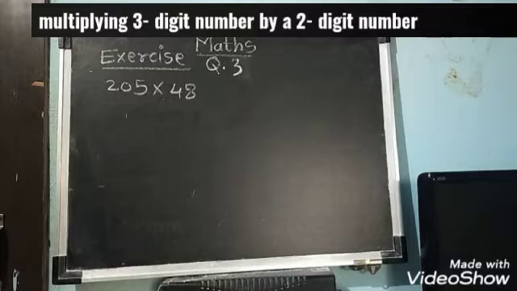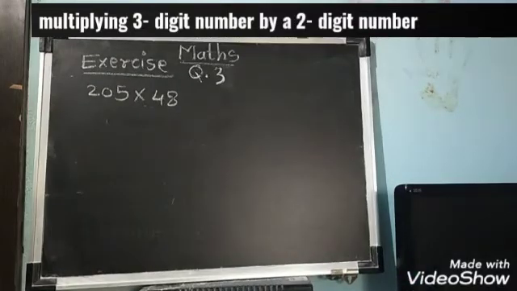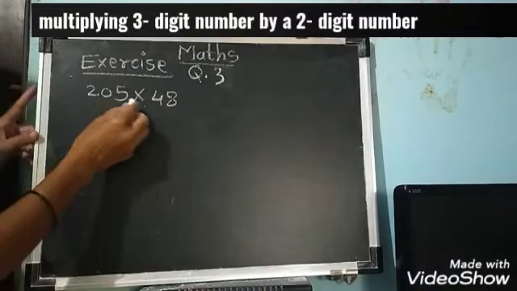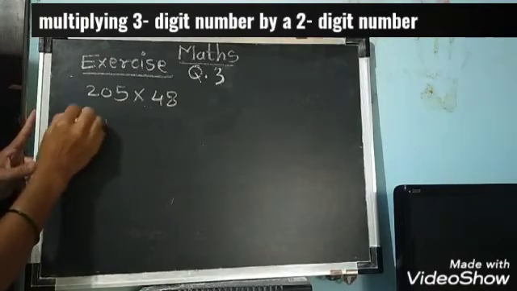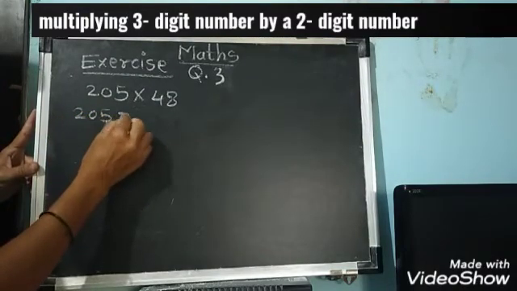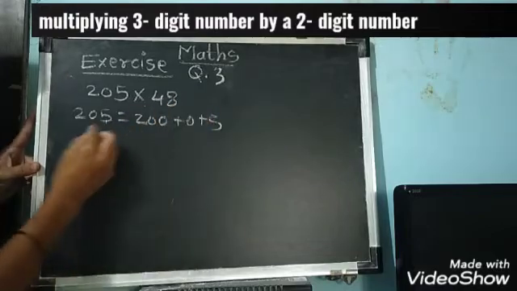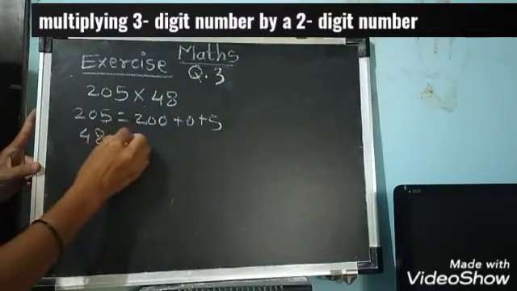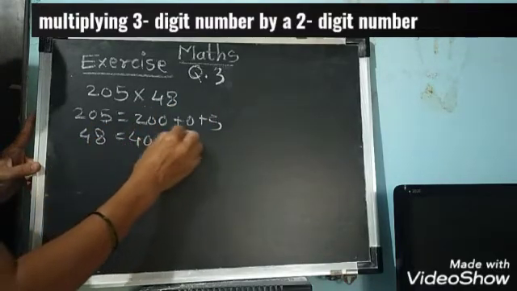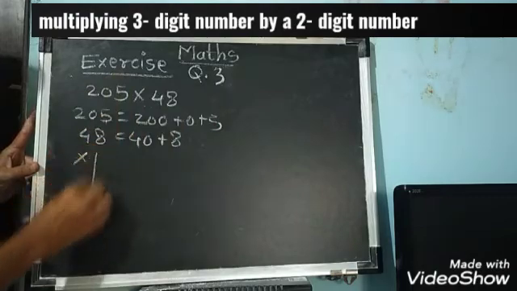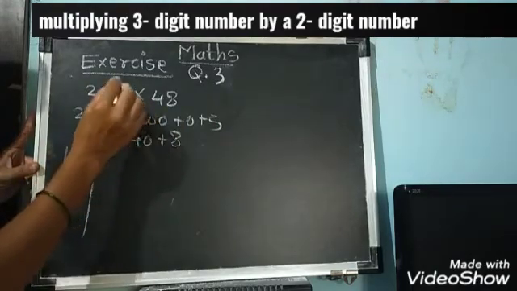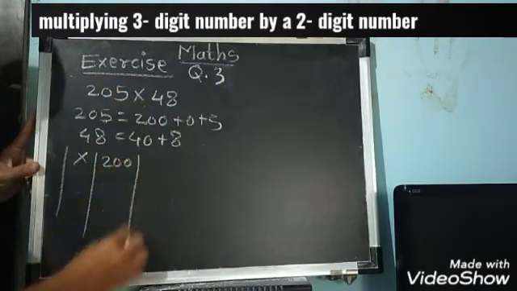Question number 3, 205 multiplied by 48. Find the expanded form of 205. 200 plus 0 plus 5. And 48, 40 plus 8. Okay, now multiplication sign. Here write down 205, its expanded form.